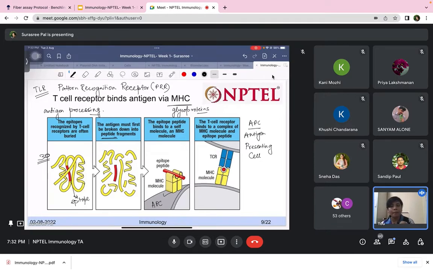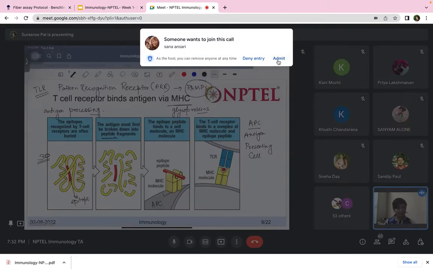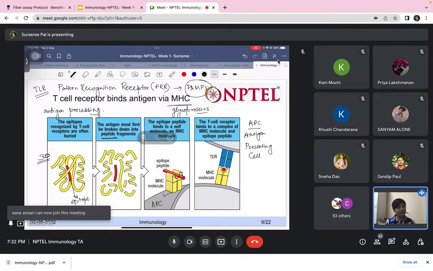So these are pattern recognition receptors which can recognize PAMPs. What is PAMP? PAMP is pathogen associated molecular pattern. So suppose if I am being infected by a bacteria, there will be certain patterns on the bacterial surface which my body can recognize, right? And these are called the PAMPs. And the PAMPs are recognized by several receptors which are residing on our immune cells, right?